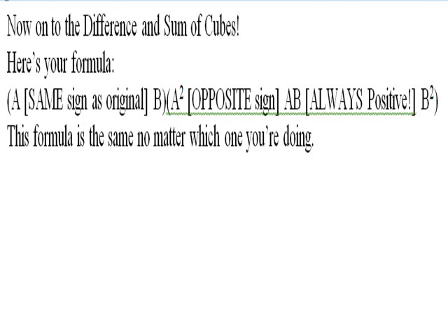If you have a cubed minus b cubed, you will have (a - b)(a squared + ab + b squared). Or if you have a cubed plus b cubed, you'll have (a + b)(a squared - ab + b squared). It's just that simple. You'll pick it up really quick.